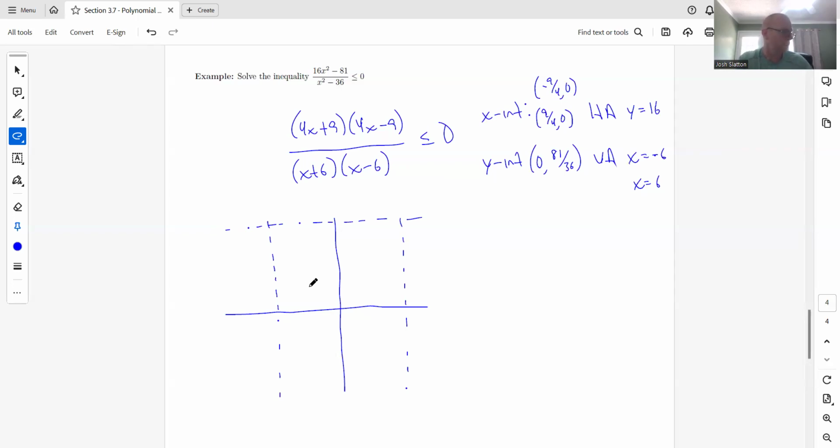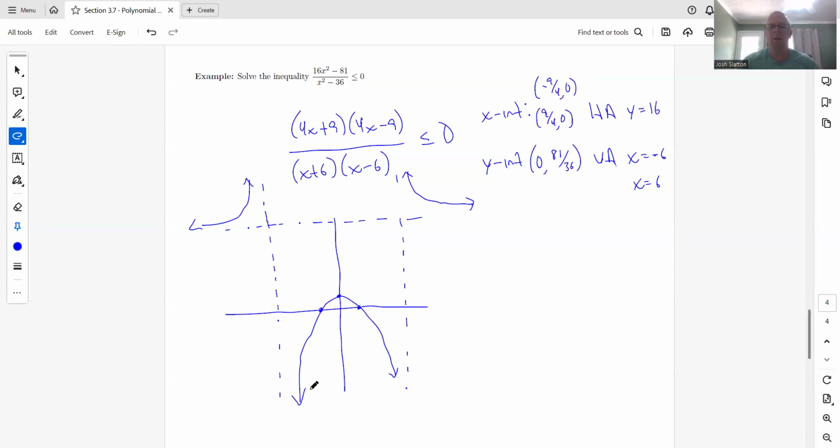Let's plot the x-intercepts. Let's plot the y-intercept. And extend this up because we're going to be coming up here like this, and then this one comes like that, and then this one comes like that.